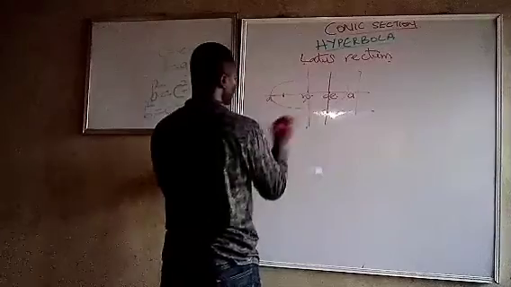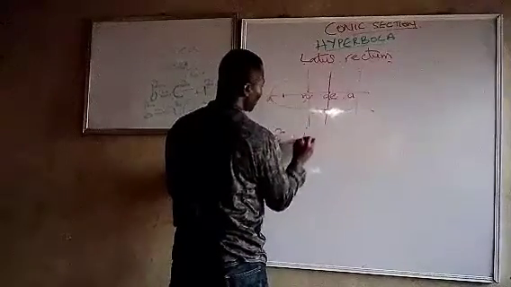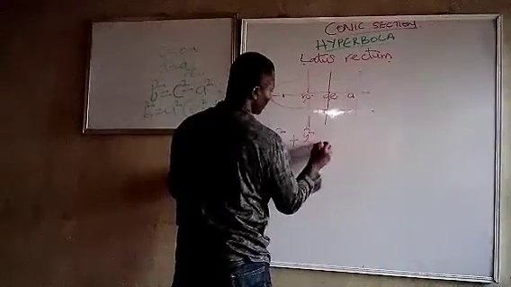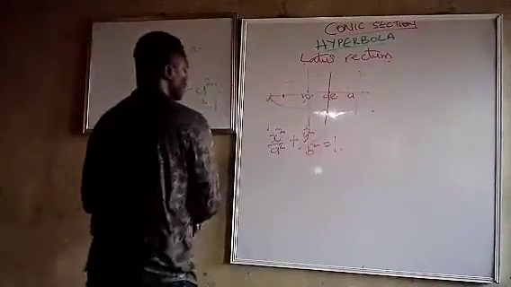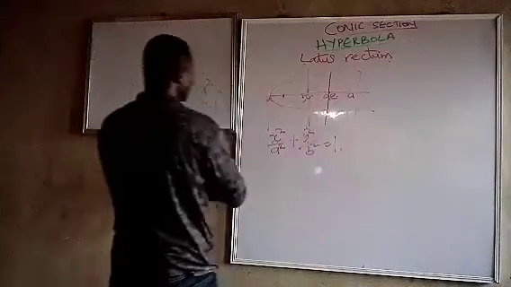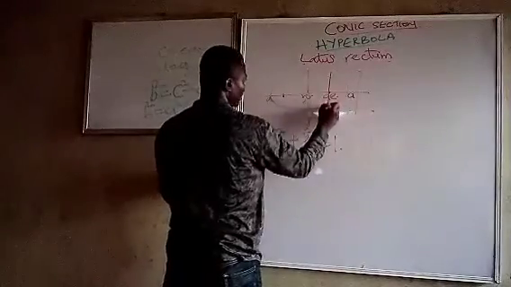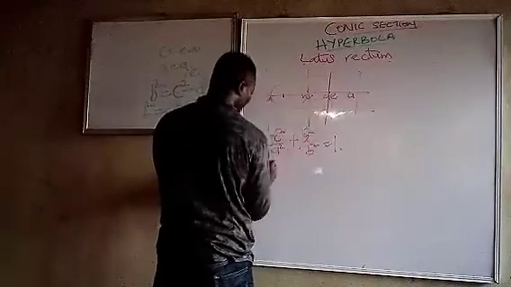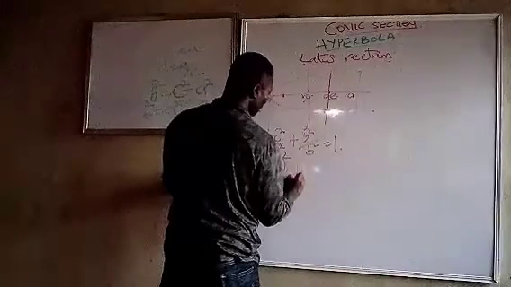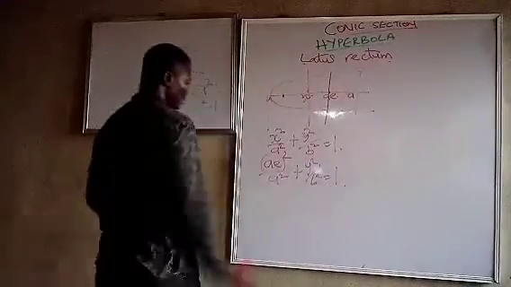To find the length, we use the formula. What is our formula? x squared over a squared plus y squared over b squared is equal to 1. Then, what is our point? Our x-coordinate of the lattice vector is ae. So we have (ae) all squared over a squared plus y squared over b squared is equal to 1. So let's cut it.